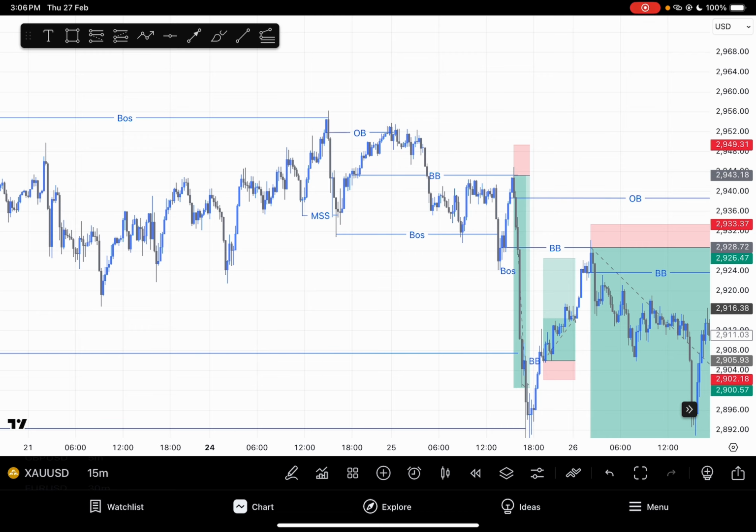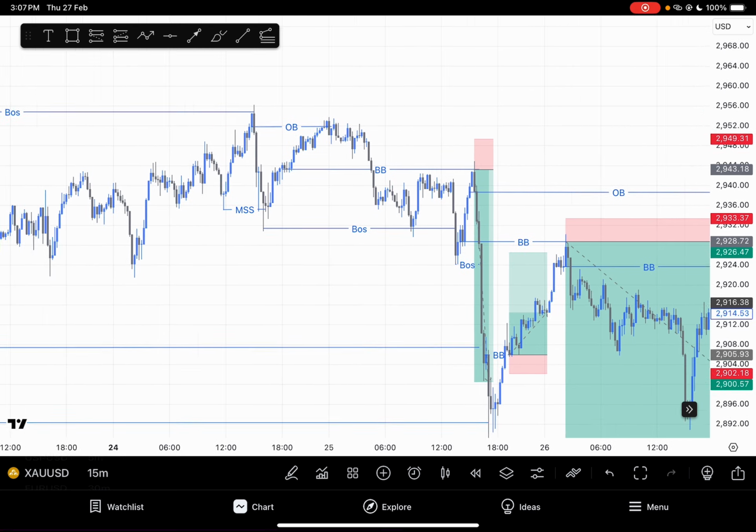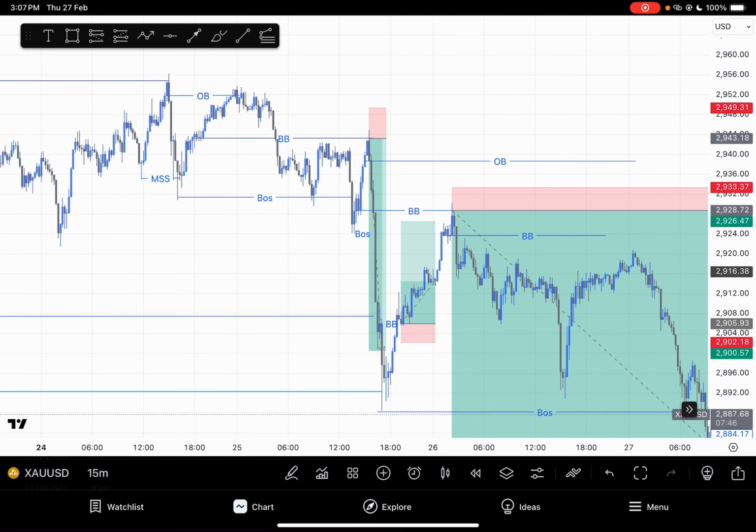Just a few times where you see both the order block and the breaker block, that's the only scenario you see gold use the order block. But in cases where there's no order block, gold will always use the breaker block. So let's move to the other parts of today's video.